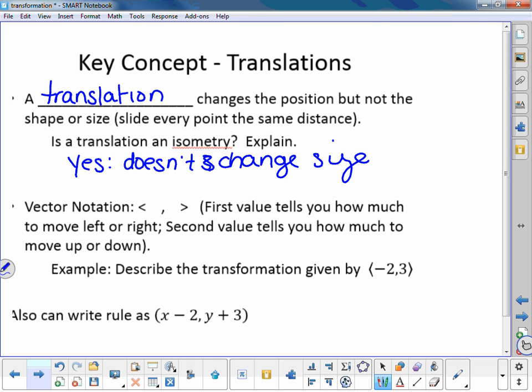The first value tells you how much you go left or right, because that is the x-axis, left or right. And then the second one tells you how much you're going to go up or down. Okay? So for an example, if you see -2, 3, that means that you are going to take your x value and go left 2, in the -2 direction, and you're going to take your y value and go up 3. So you're going to go left 2, up 3.